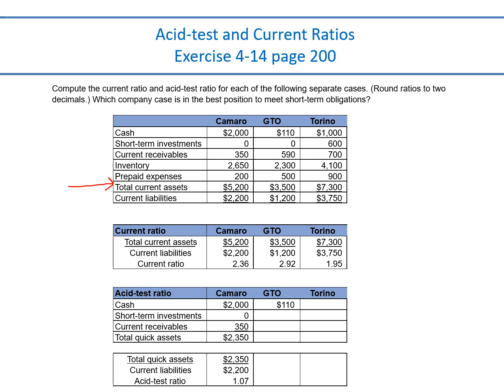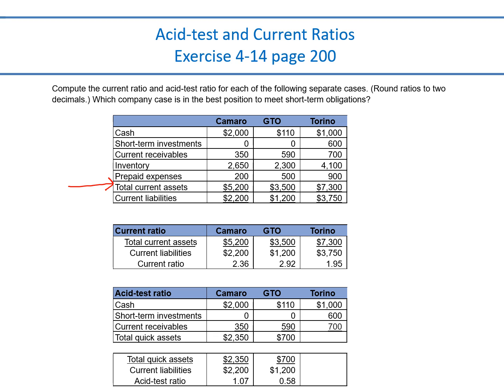GTO has $110 of cash, 0 short-term investments, and $590 of current receivables. So they have quick assets of $700. Divided by current liabilities of $1,200 for an acid test ratio of 0.58.